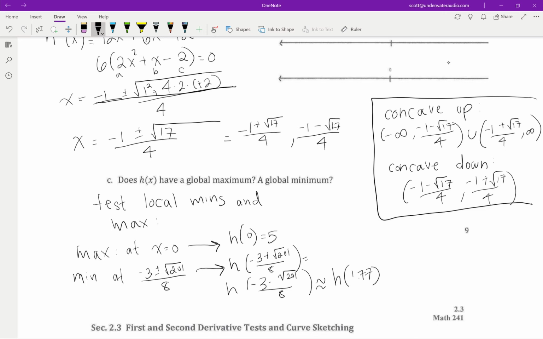And then I want to approximate also the positive value.